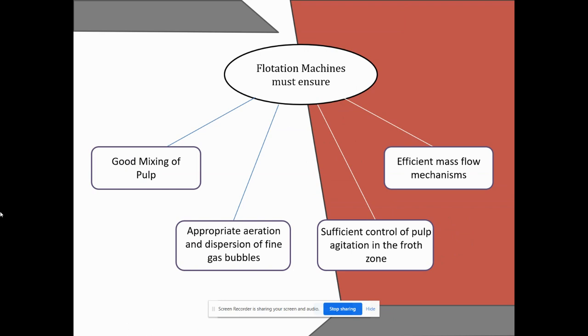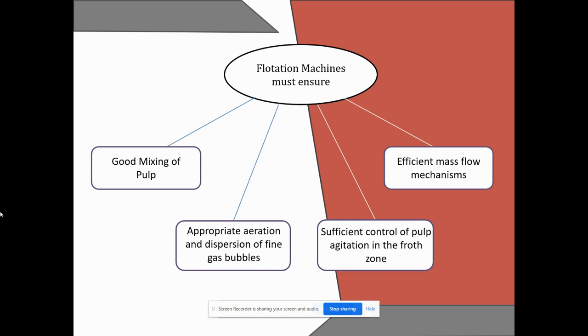A flotation machine must ensure, first, good mixing of pulp for maximizing bubble-particle frequency. Second, appropriate aeration and dispersion of fine gas bubbles to provide uniform aeration throughout the volume of the machine. Third, sufficient control of pulp agitation in the froth zone to ensure suspension of collector-coated particles.